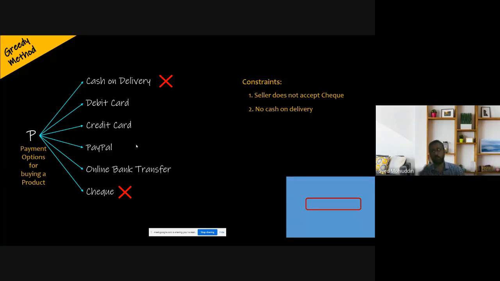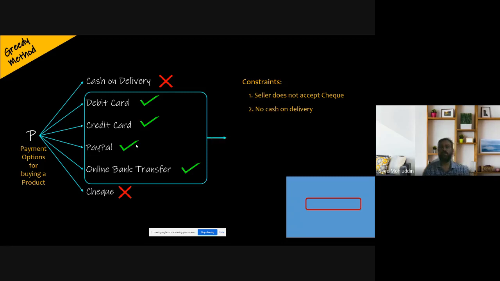Then what solutions are we left with? The payment through debit card, credit card, PayPal, and online bank transfer. These solutions are known as feasible solutions. They are feasible. Cash on delivery and check were not feasible because of the constraint.